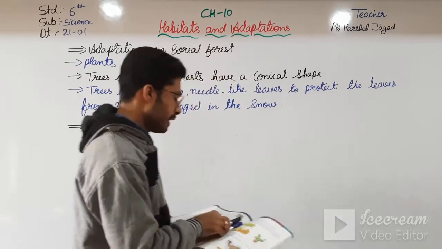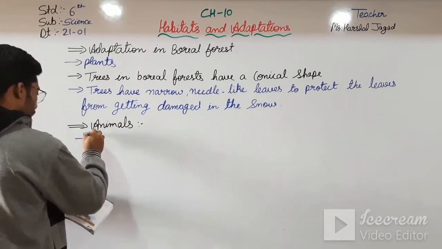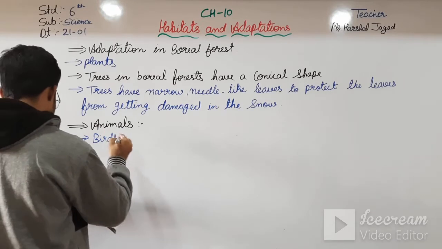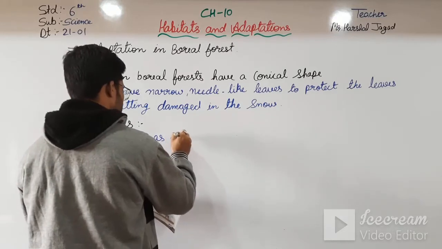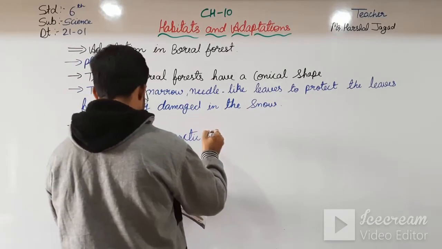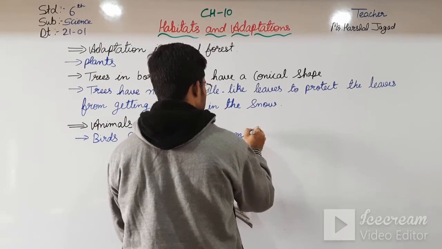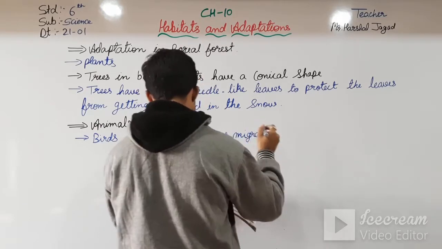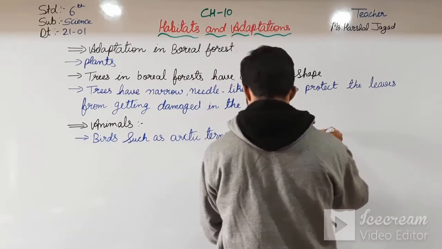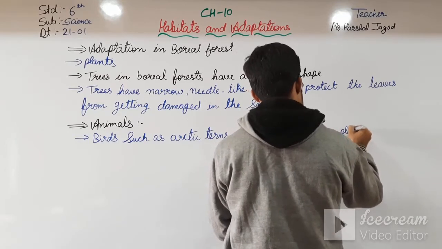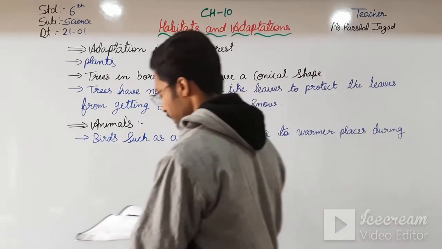So here, when there is winter in the boreal forest, birds such as arctic terns migrate to warmer places during winter.